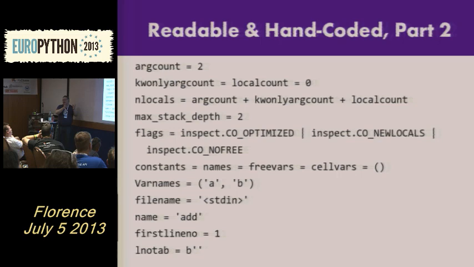Star kwargs if we had one, you'd add 1. And the number of local variables. So you would add that all together. I skipped the star args and star kwargs just because I was already running out of space. But the total number of locals actually is again going to be 2. Max stack depth, the deepest the stack will ever get in my add function is 2 because I push 2 things on the stack. Flags, this is that binary bit field flag thing that I mentioned a minute ago.